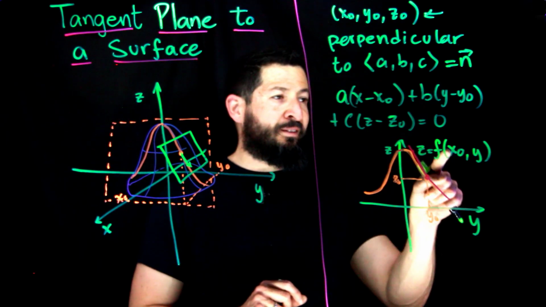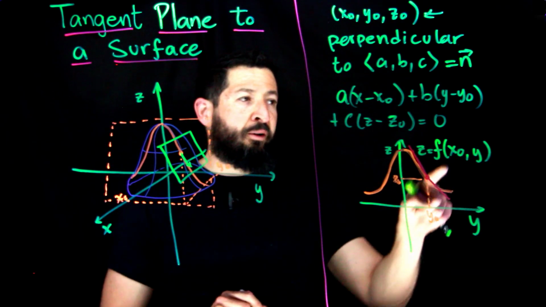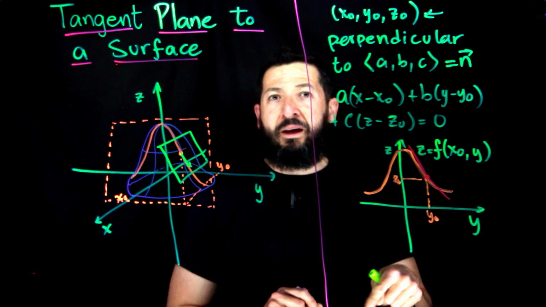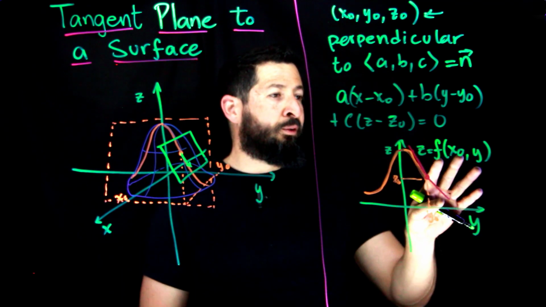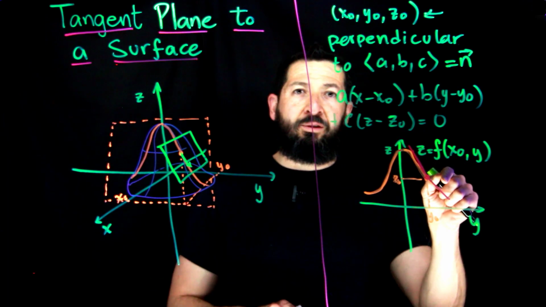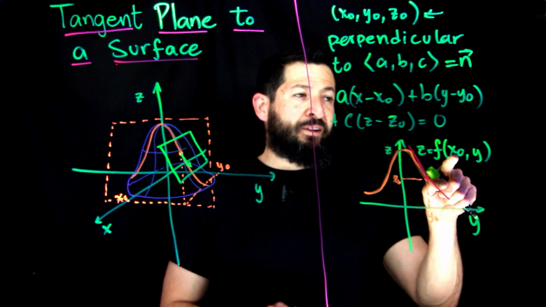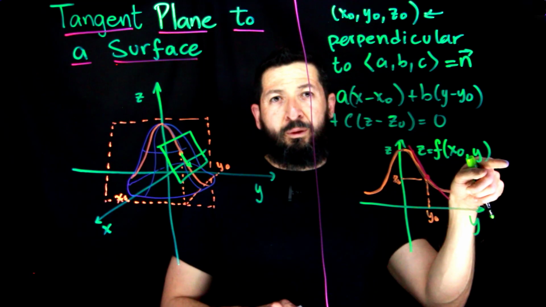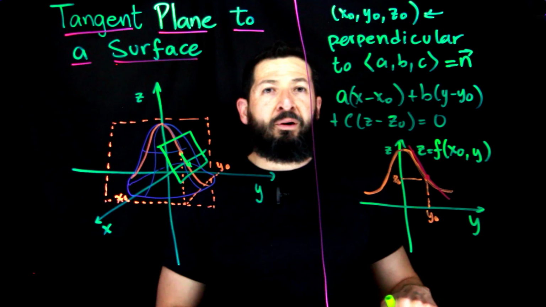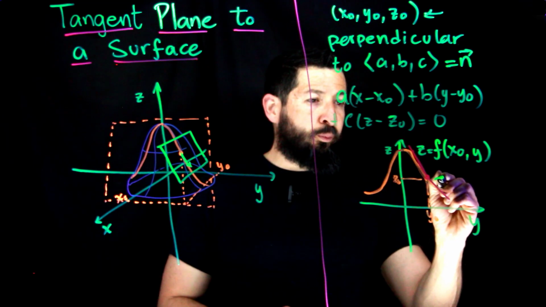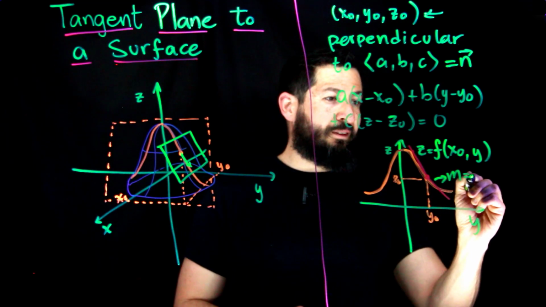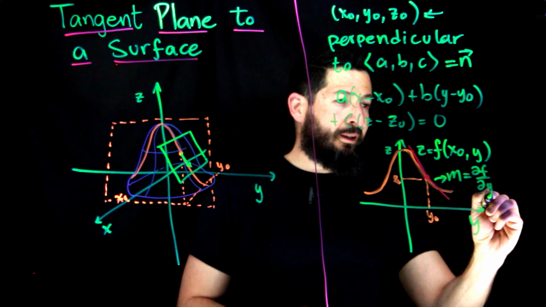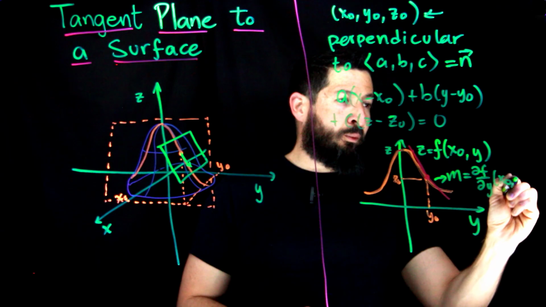So z equals f of x naught comma y. Now x naught is fixed, y is a variable, and you can take a derivative with respect to y. You do the limit as h goes to 0 of f of x naught comma y plus h minus f of x naught comma y, over h. That is the partial derivative. So the slope is going to be given by the partial derivative of f with respect to y evaluated at x naught comma y naught.